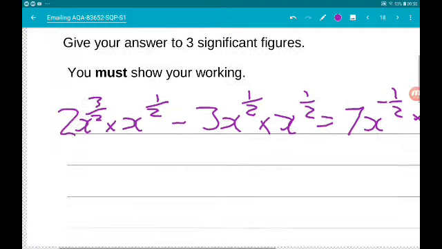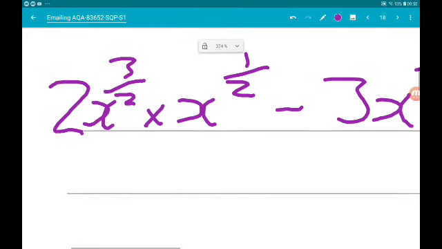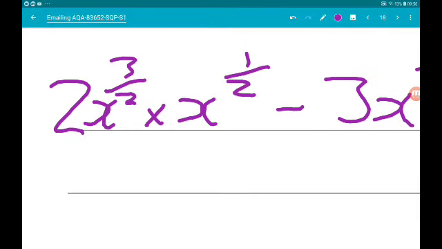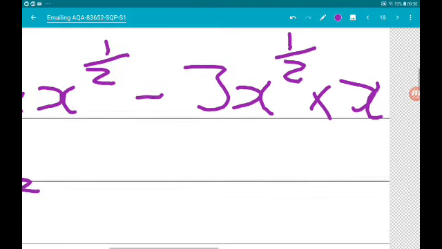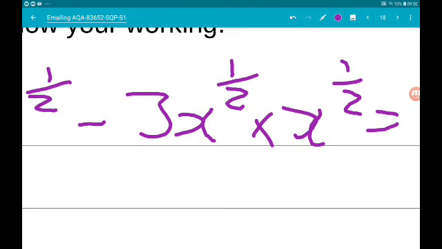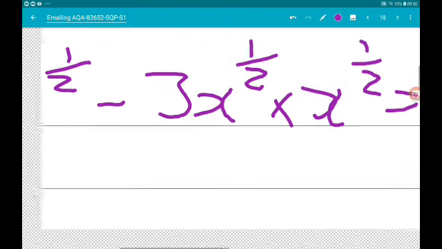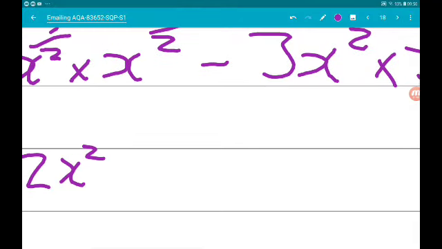So, when you're multiplying the same base number, you add the powers. So, x to the 3/2 times x to the 1/2 is x to the 4/2. 4/2 is 2. So we got 2x squared. Now, x to the 1/2 times x to the 1/2 is x to the power 1. So we got minus 3x.